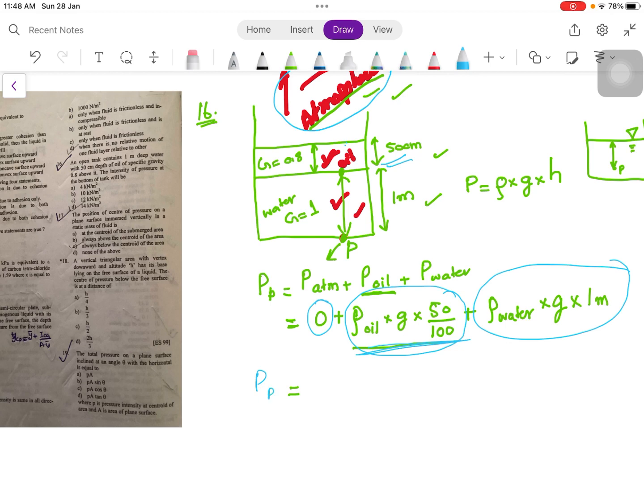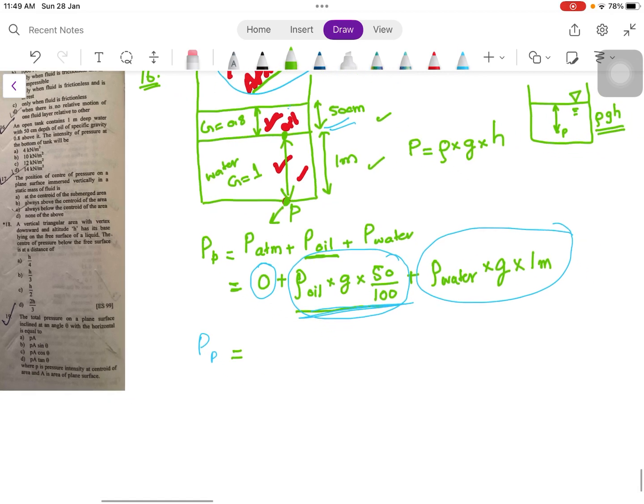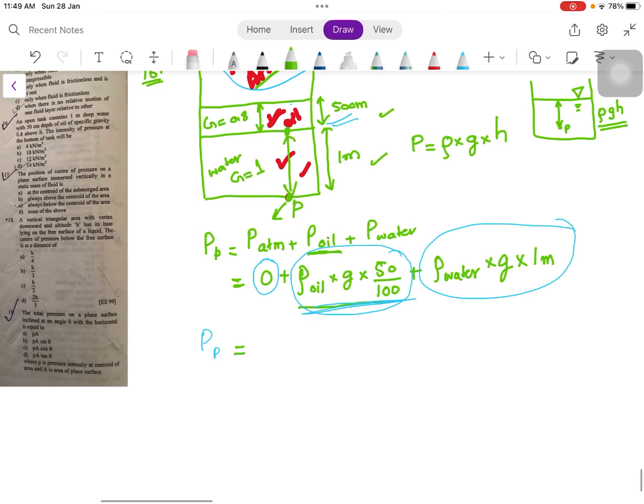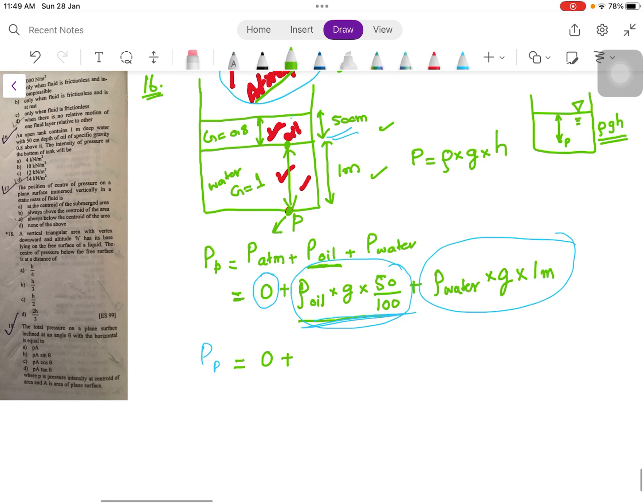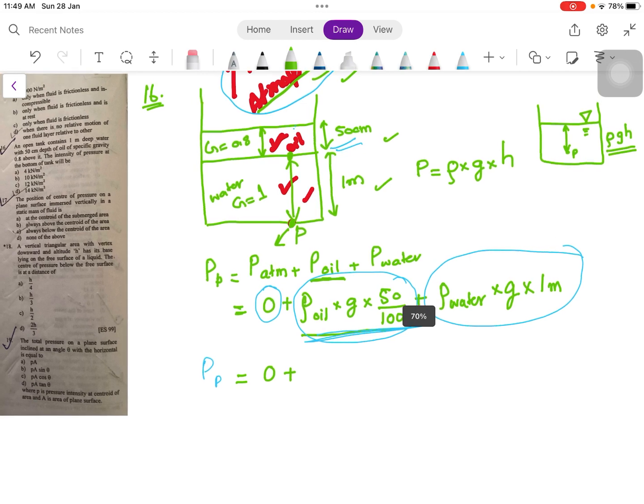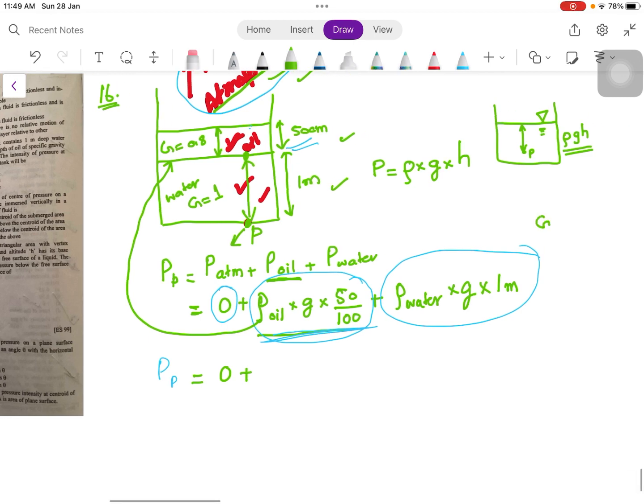Let us simplify this question a little further. So we have the pressure at point P equal to, okay, now we need to use the density of the oil in this scenario, but the density of the oil is given in terms of its specific gravity. And we have to remember that the specific gravity of any fluid or any liquid is equal to the density of that liquid upon the density of water.